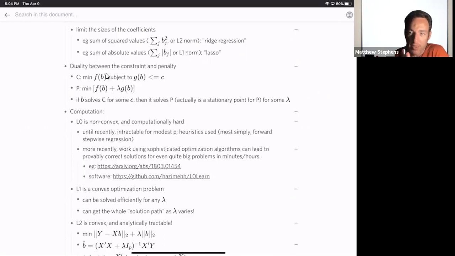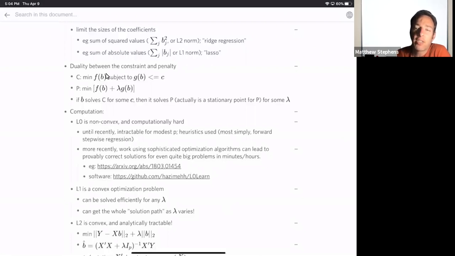So think about it this way. Think about going from lambda very, very big and then gradually reducing lambda. When lambda is very, very big, all the B's are 0. Then as you reduce lambda, at some point, the optimum will be achieved with one of the B's being non-zero.